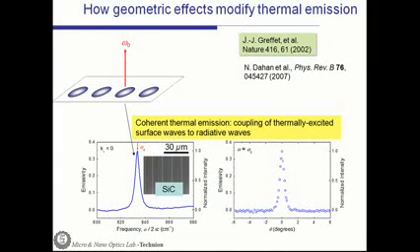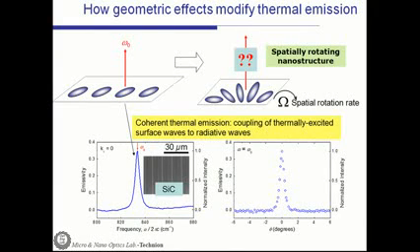Silicon carbide supports surface phonon polaritons in the mid-infrared for thermal emission, and we observed a very narrow spectral peak for the thermal radiation in the mid-infrared at a very narrow observation angle. Then we asked ourselves what the geometric effect would be for a spatially rotating nanoaperture, a nanostructure, where omega is the spatial rotation rate.